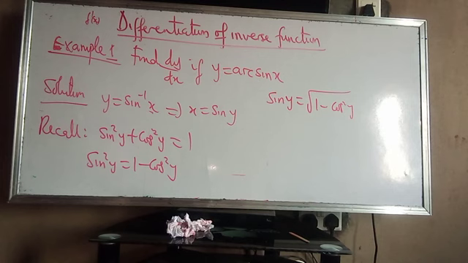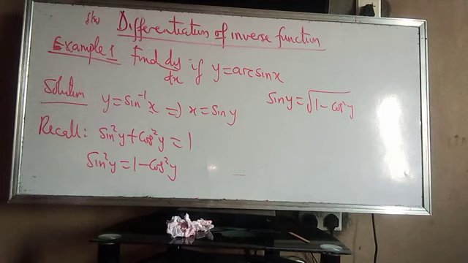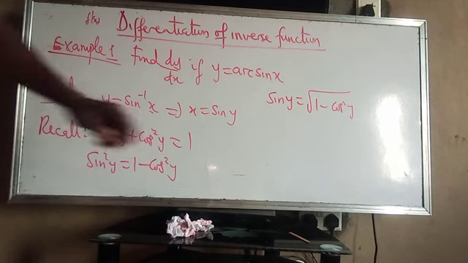Now, we don't have cos square y here, but we have sine y. So it will be better we make cos square y the subject of formula.